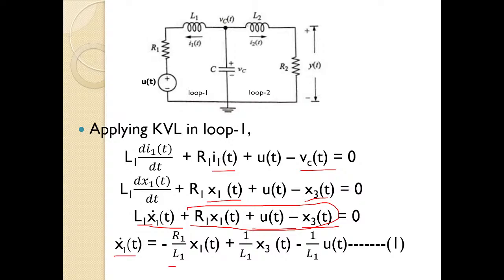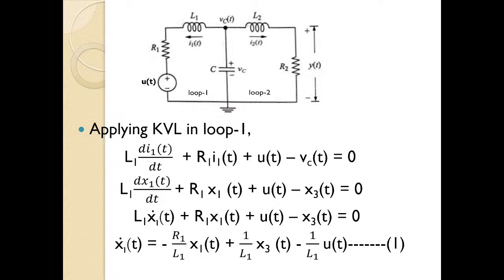You can see this is our state variable equation: x1 dot of t is a function of state variables and the input variable. These are our state variable terms and these are our input terms. Consider it as equation number 1.